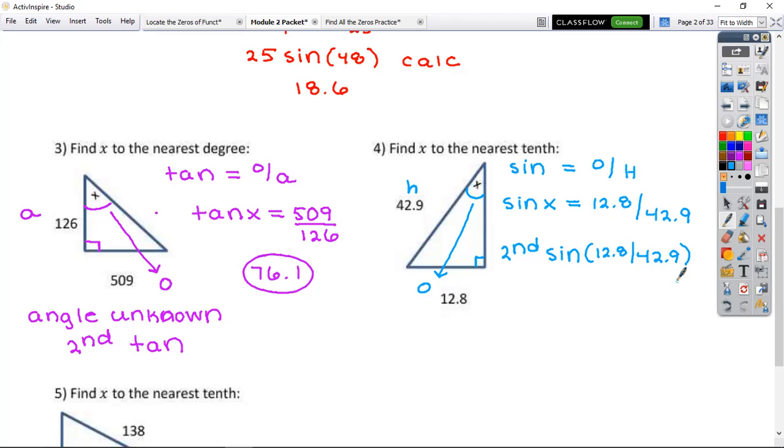So second sine of that. Again, anytime that angle is unknown. So we're going to go second sine of 12.8 divided by 42.9 is equal to an answer. I got 17.4.